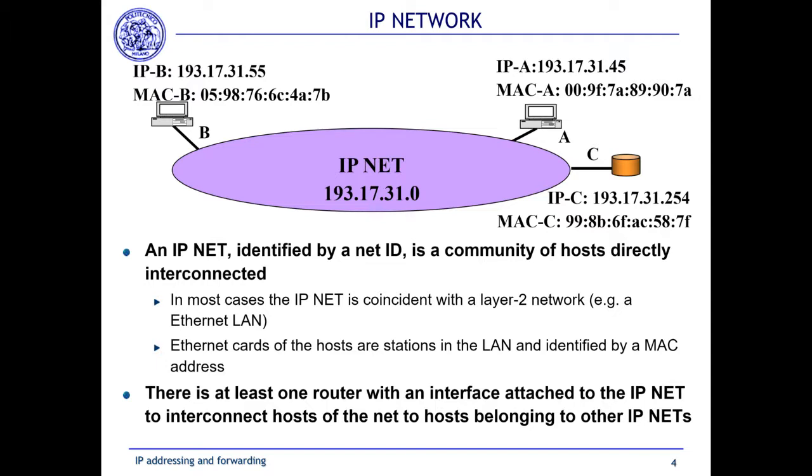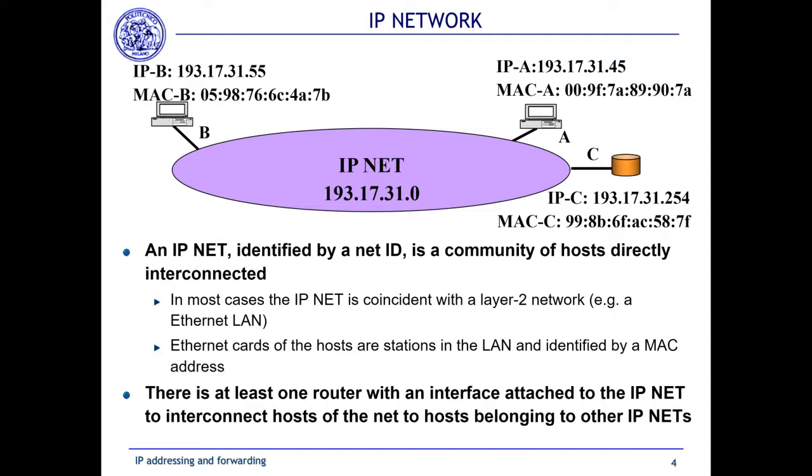So we talked about network address or network prefix, but we did not yet specify what we mean by network. So what is an IP network, or IPNet, which is an entity identified by a specific network prefix?